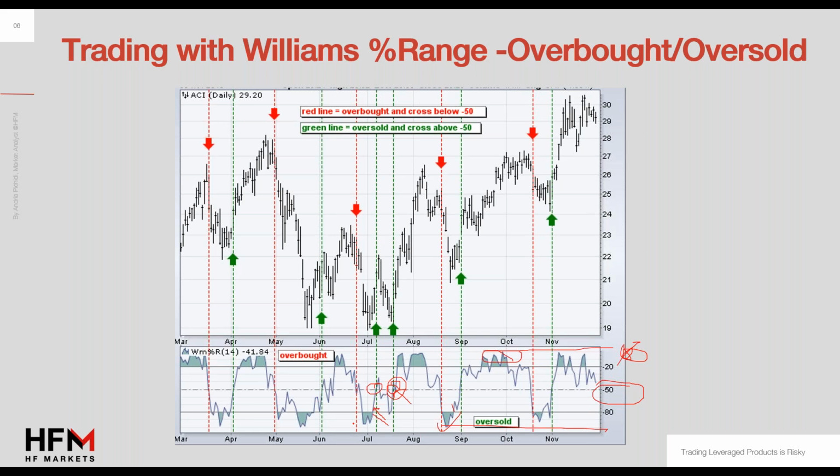The same stands for a downwards move. An early entry signal will be as soon as we see the indicator falling below minus 20, but be careful. You need to check the slope. The slope should be quite sharp.